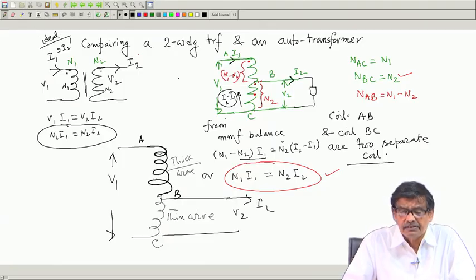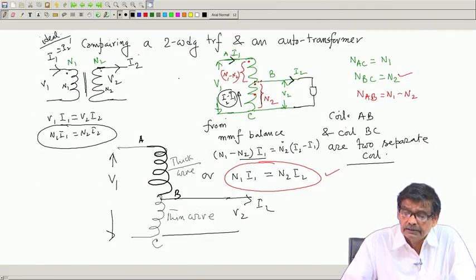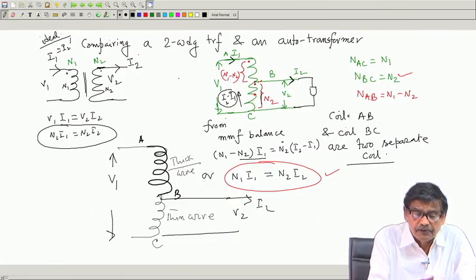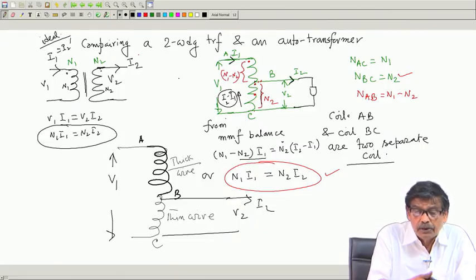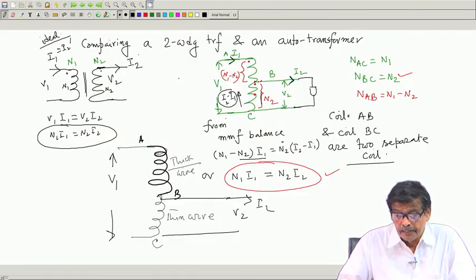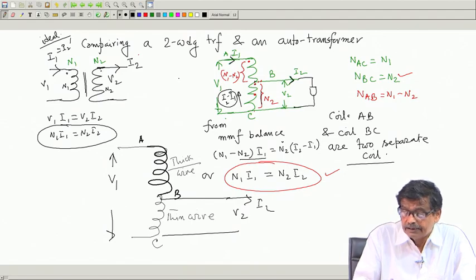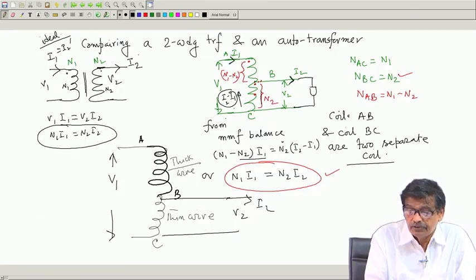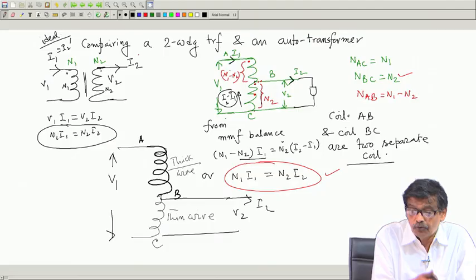If I want to change the level of voltage from one value to another, should I select a two winding transformer or an autotransformer? What I have assumed is the same kVA rating, and N1 turns are the same, so the flux level in the core will be the same.